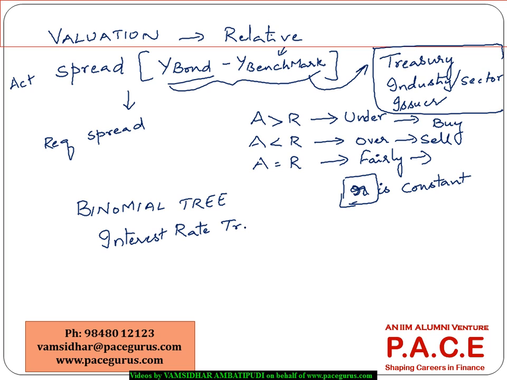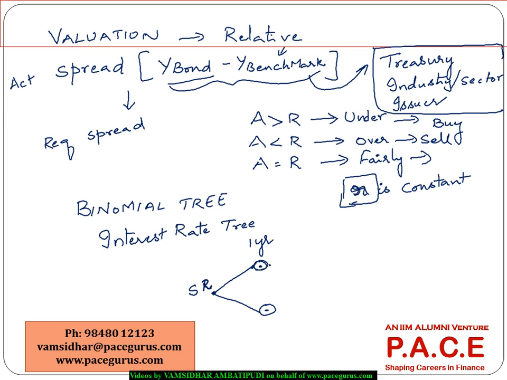So whenever we talk about an interest rate tree, I look at the 1 year interest rate as of today, the spot rate as of today. Then after 1 year, there is a possibility that the spot rate can be this much or this much with some kind of probabilities.